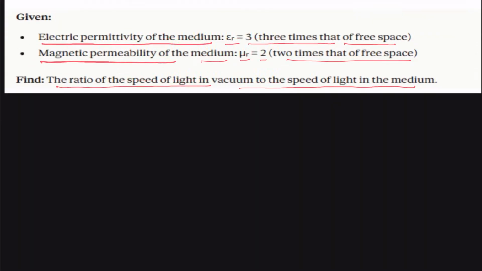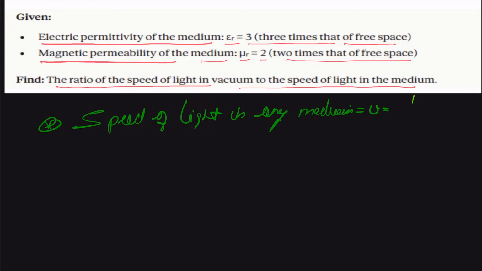So we know the general formula: the speed of light in any medium, suppose that is our v, will be equal to 1 upon the square root of mu times epsilon.